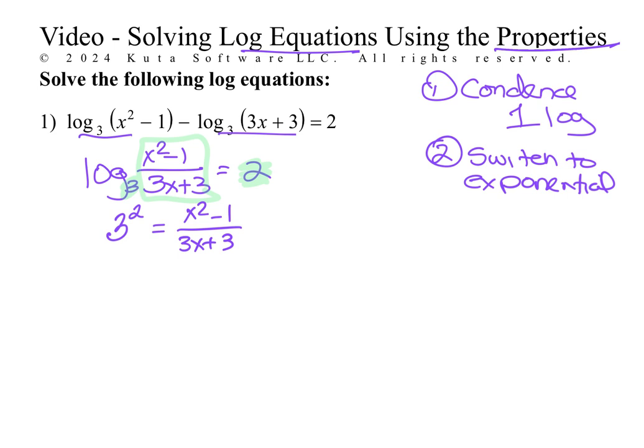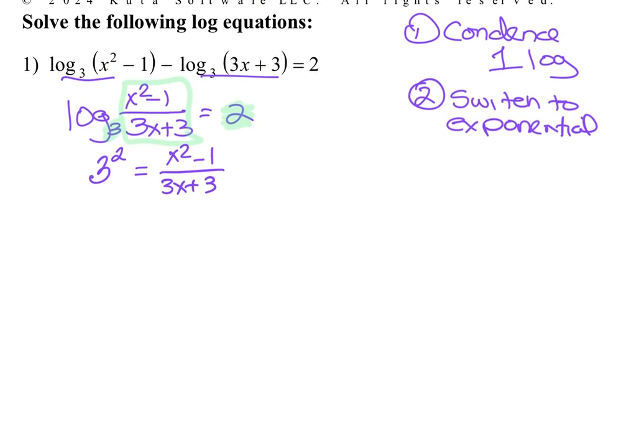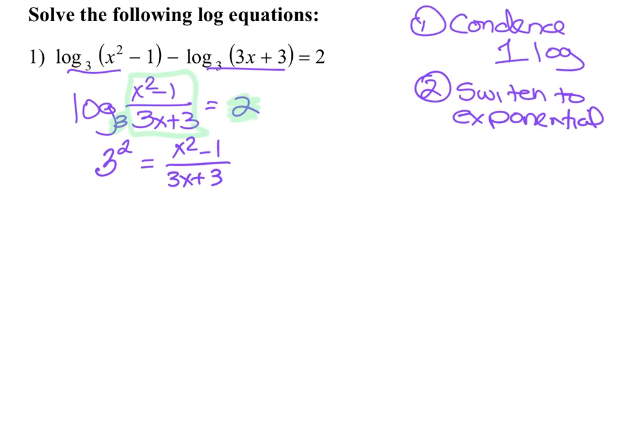All right, now we have to solve this equation. Any equation can show up, we just now have to solve it. We can probably all agree that that's 9. So I'm going to cross multiply here and do 9 times 3x plus 3, equals x squared minus 1.